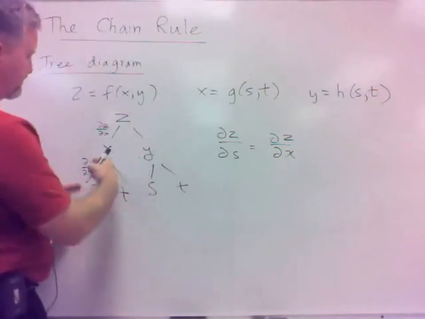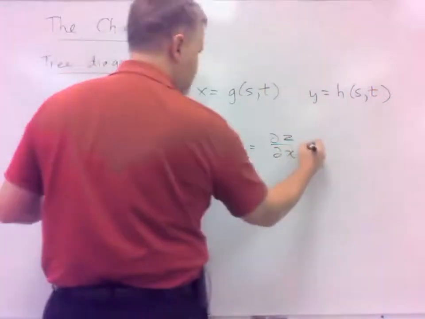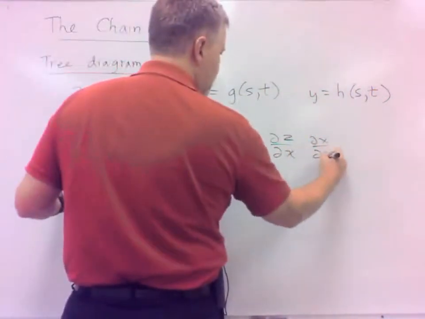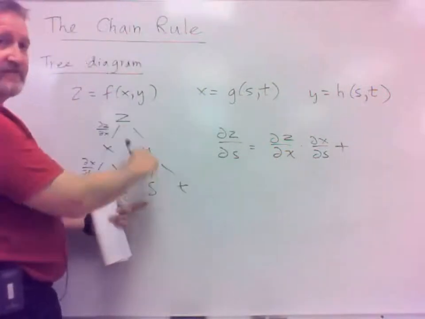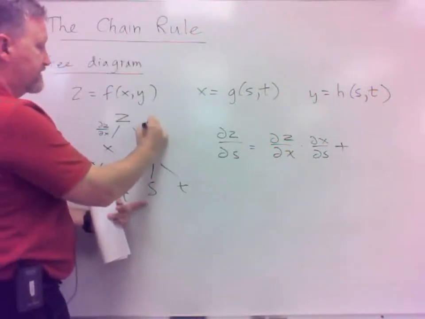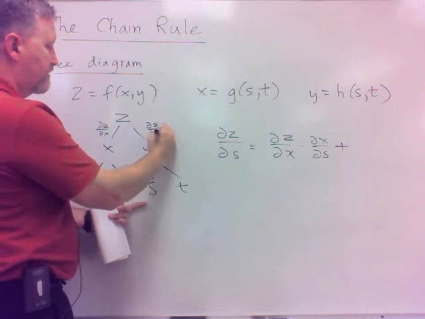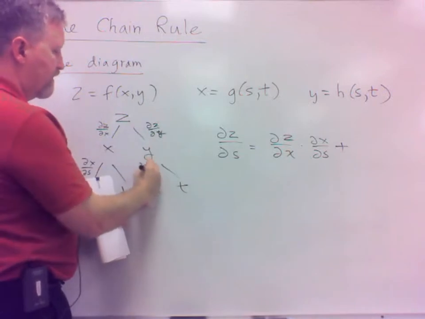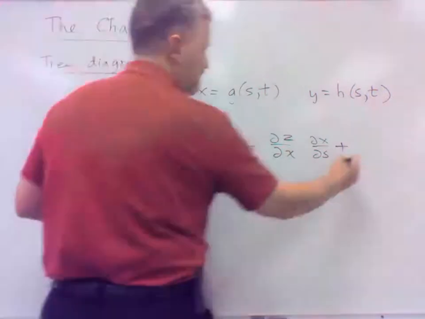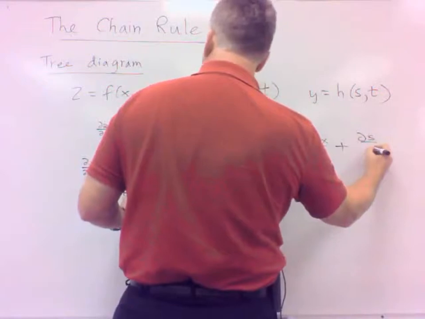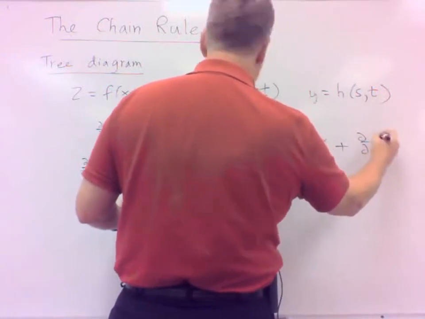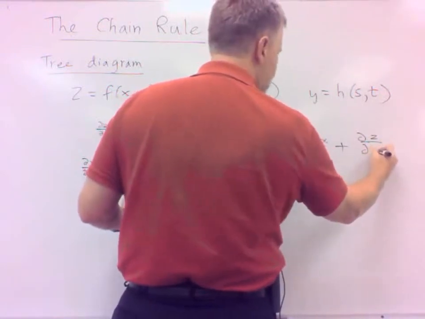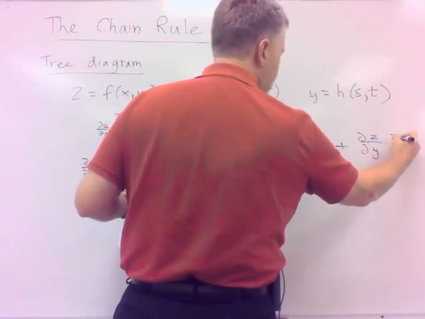So you have the partial of z with respect to x times the partial of x with respect to s, plus then you have this other path from s to z, right? So you got to do the partial of z with respect to y, and then the partial of y with respect to s. And so that kind of shows you all the, let's do it in the same order. So it's partial z with respect to y, partial y with respect to s.